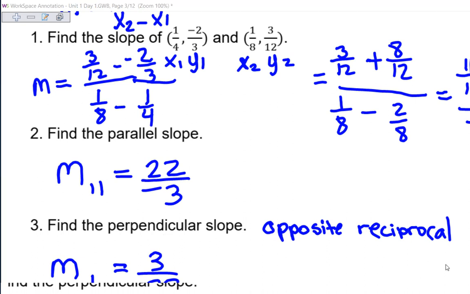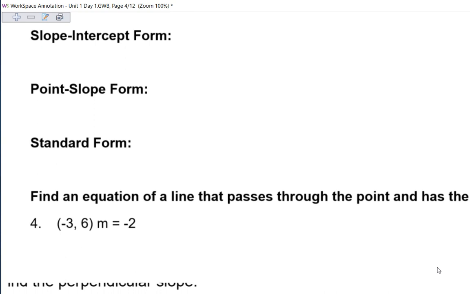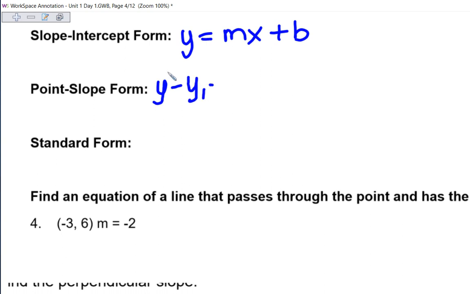Next part. Moving right along. Now, recapping some formulas. What is the formula for slope-intercept form? y equals mx plus b, where m is the slope and b is the y-intercept. What's the formula for point slope form? y minus y1 equals m times x minus x1.